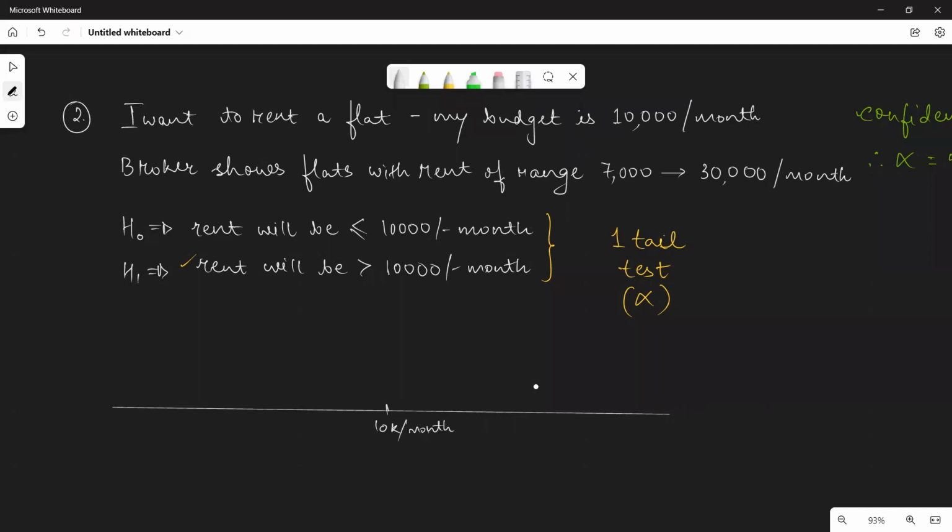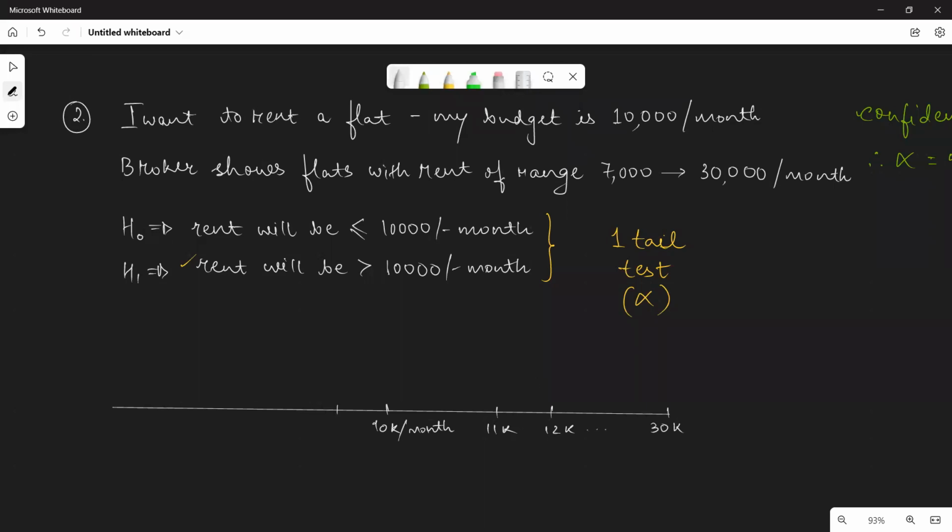Anything on the right side will be more than that. Let's say 11,000, 12,000, till 30,000. Why? Because the broker showed me houses or flats in the range of 7,000 to 30,000. So 11,000, 12,000, and all those will be on the right side.